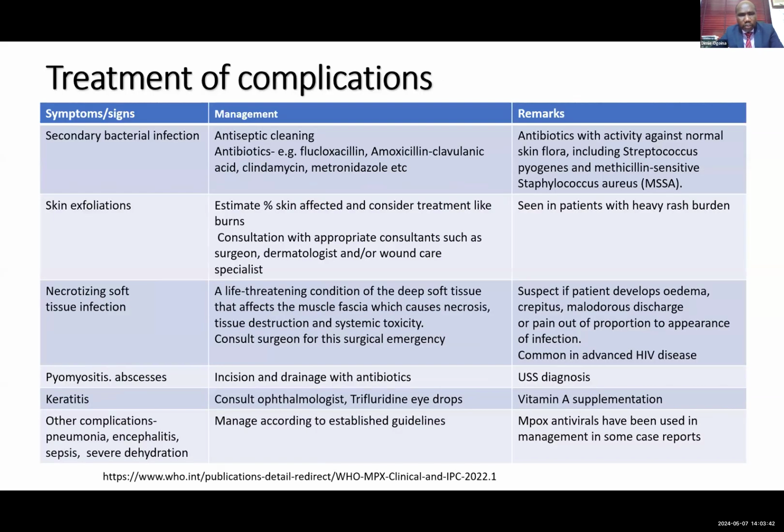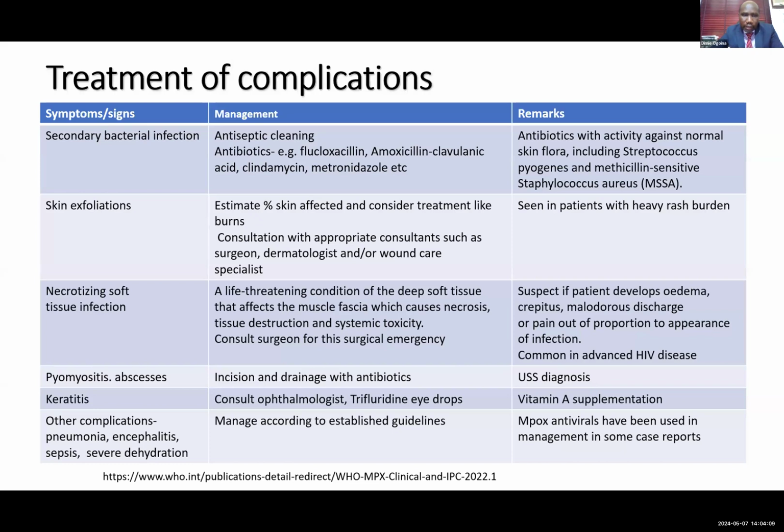So this just gives us a very quick overview of how we manage some of these complications of mpox. The major complications have been listed here: secondary bacterial infection, skin exfoliations, necrotizing skin tissue infection. Of course, that occurs in the setting of advanced HIV disease, pyomyositis, abscesses, keratitis, and there are other complications, of course, that Rashida has also discussed.